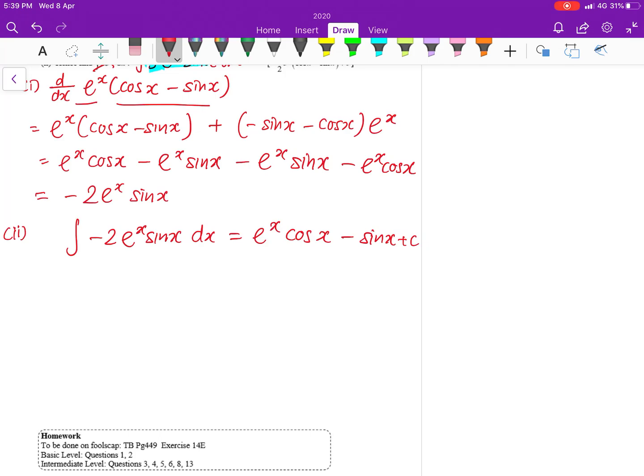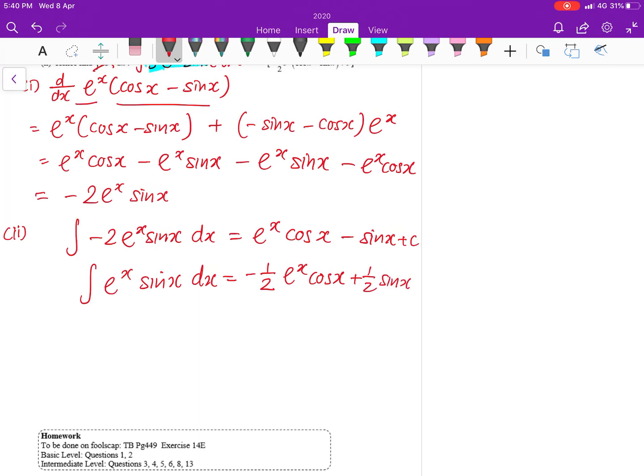I don't want to see negative 2, so I will take out negative 2. If you are faster to spot this, we can divide both sides by negative 2, so I don't have to bring it outside.